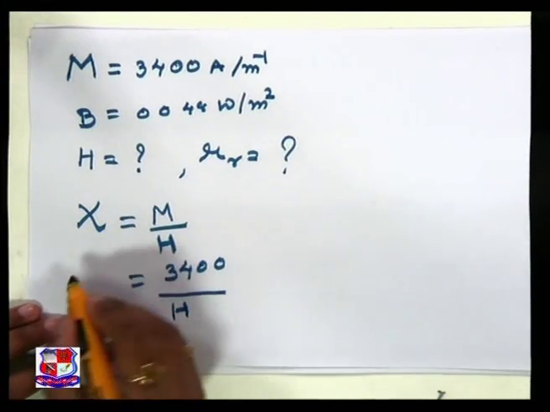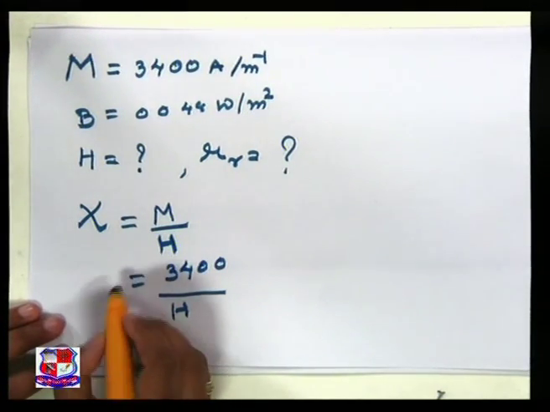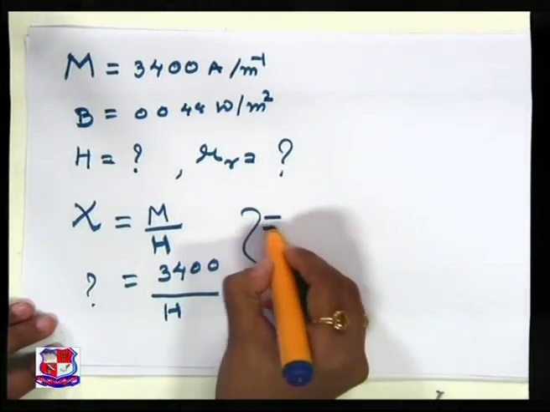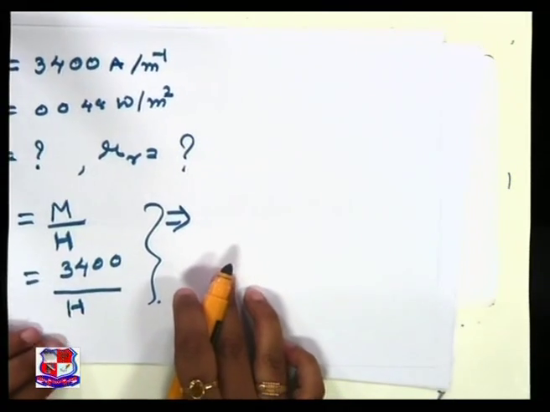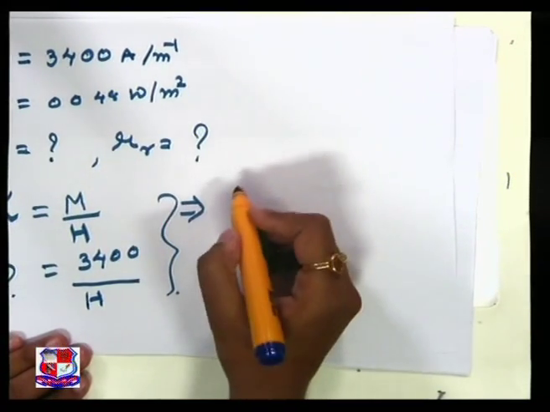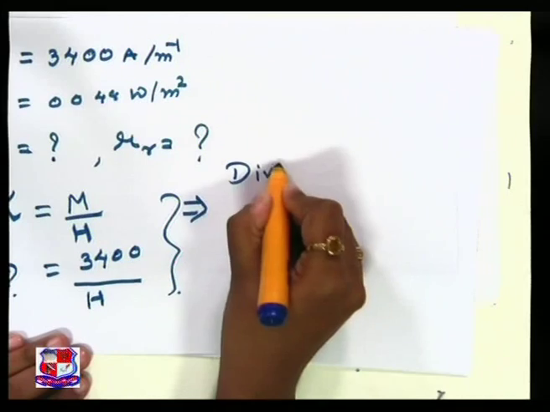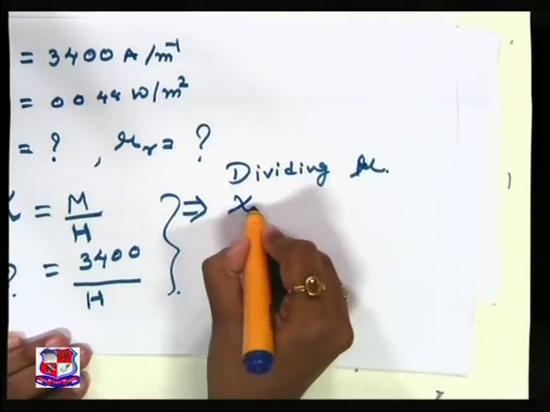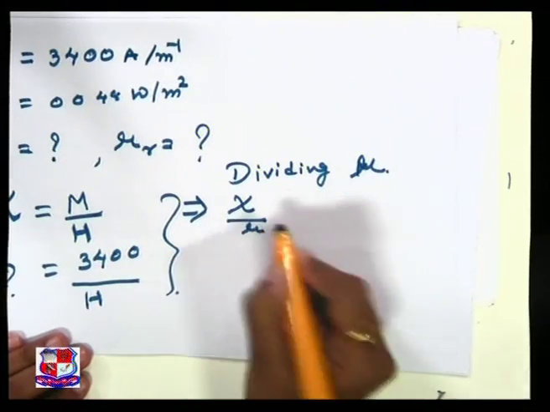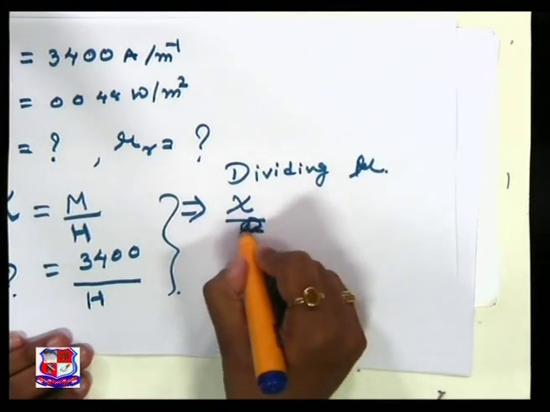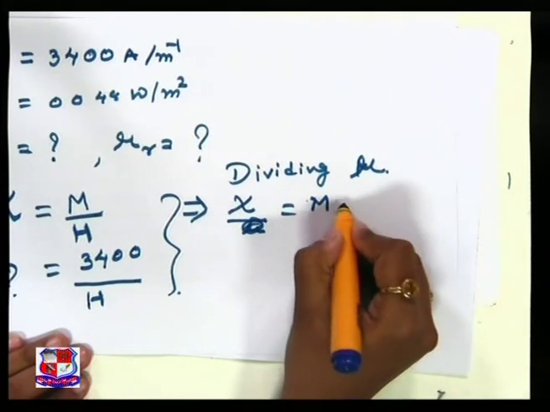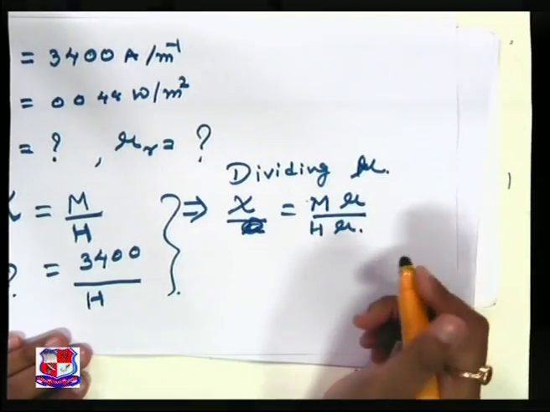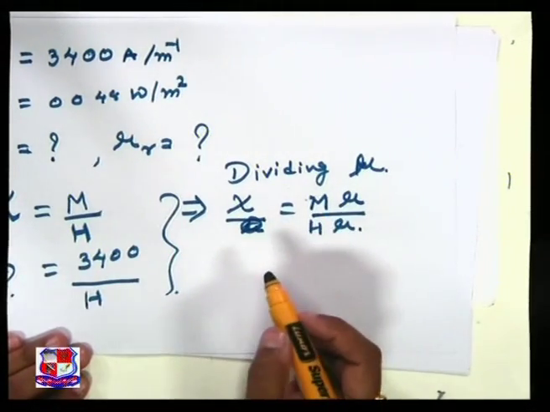We will have to find out chi, and for chi we will have to do some of the exercise. Right, now with this equation, if we do some permutation combination, then if we divide it by mu, chi by mu, or in another case m mu divided by h mu, mu will be cancelled, so the original equation we will get back.